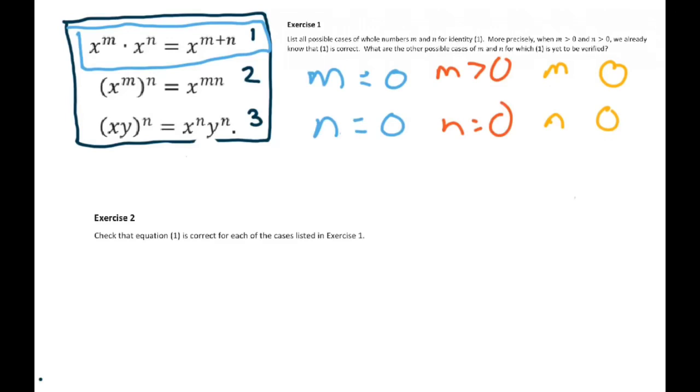And our last one could be m is equal to 0 and n is greater than 0. That'd be something like x to the 0th power times x to the 10th power equals x to the 10th power. Why? Because 0 plus 10 equals 10.